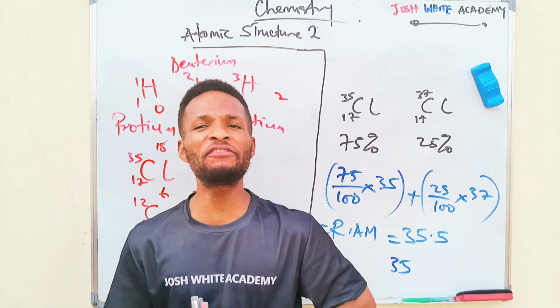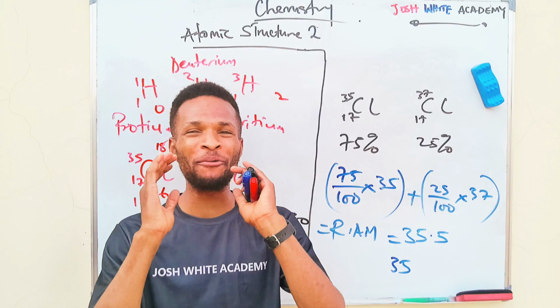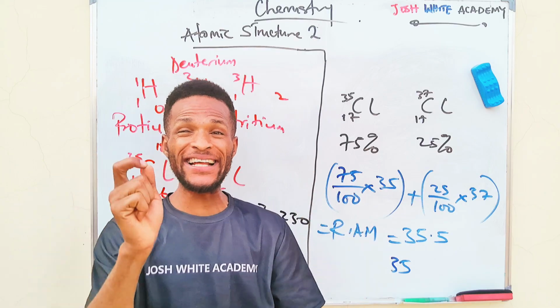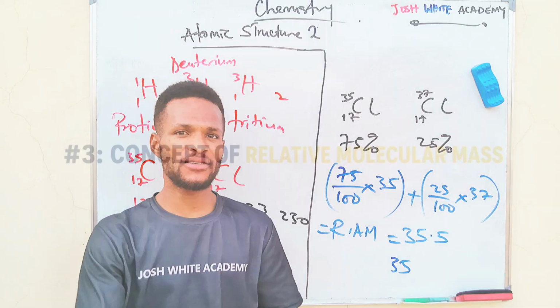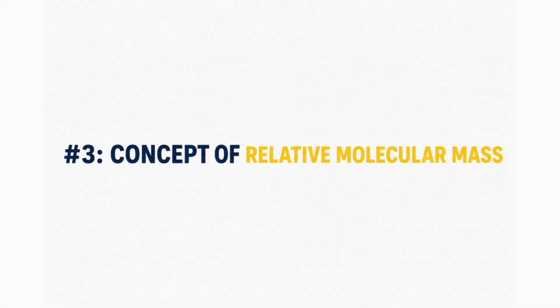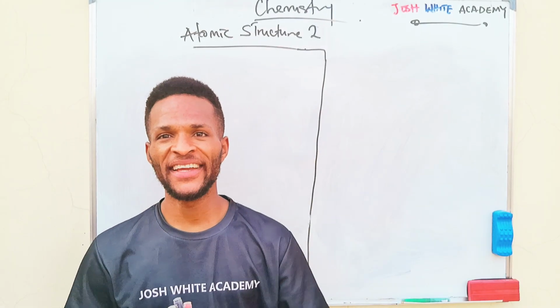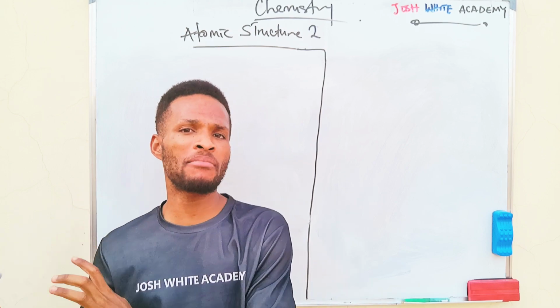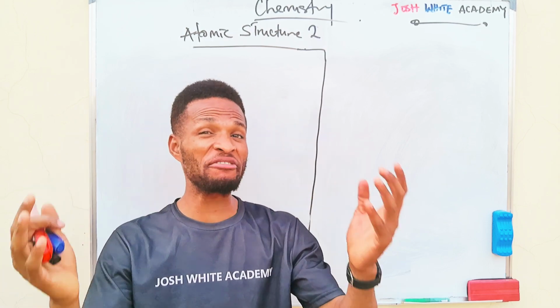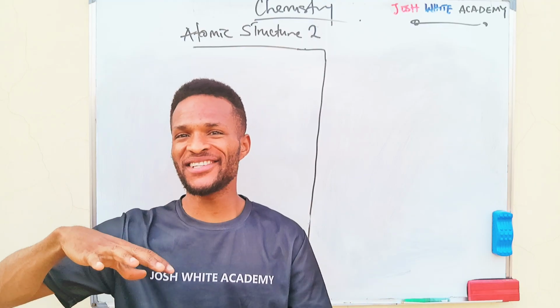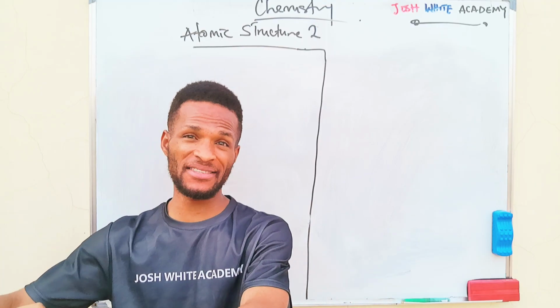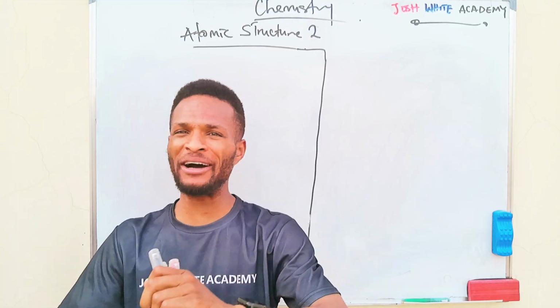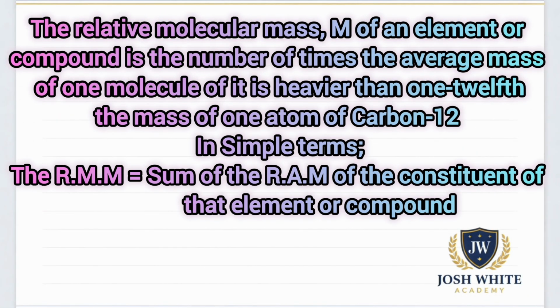Now, let's advance to the third section and let's talk about the concept of relative molecular mass. Now take note, relative molecular mass can also be defined based on a reference, as we did for relative atomic mass, where we define it as the number of times the average mass of a molecule of a compound is heavier than 1/12 that of carbon-12.